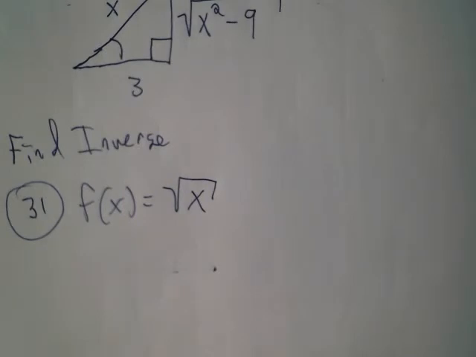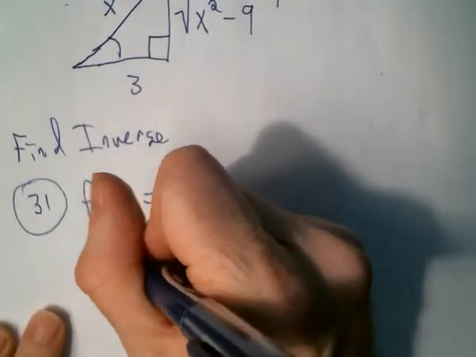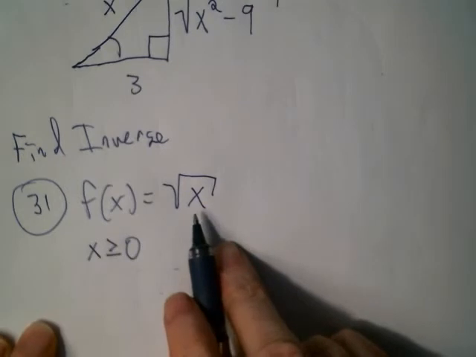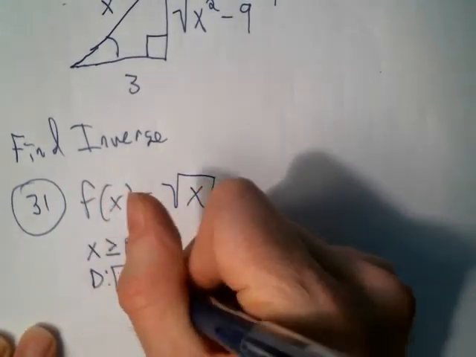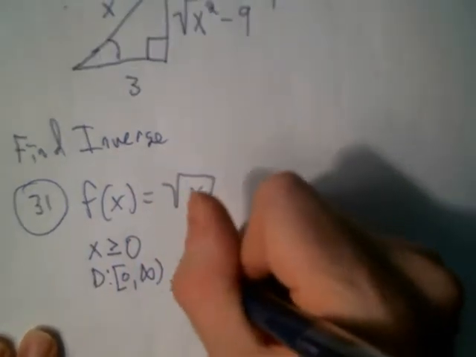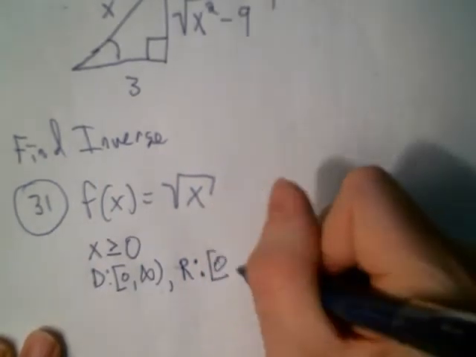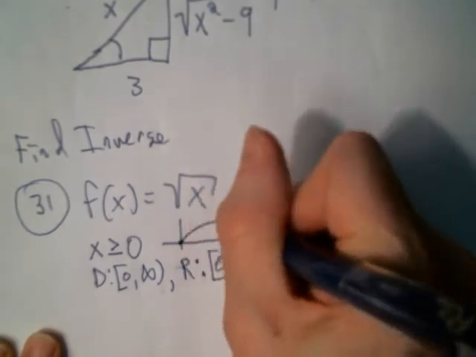And here we have an implied domain of 0 to infinity, because the guts of the radical need to be greater than or equal to 0. So the domain is implied to be from 0 to infinity. And then the range, just from my knowledge of what the graph looks like, will also be 0 to infinity, right? Because this thing looks like this.